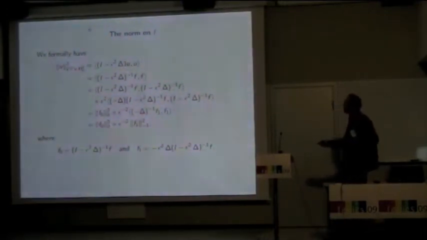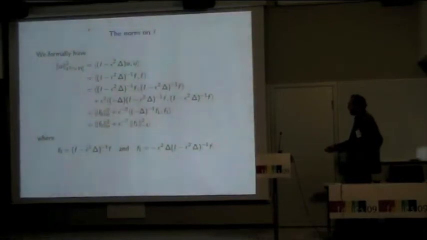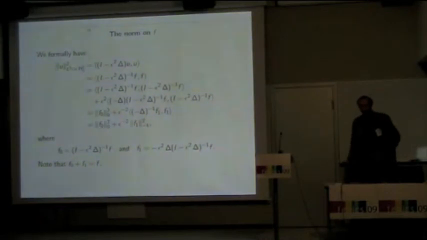Which is maybe not so trivial is that I can write this as a sum of an L2 norm of one function and an H minus 1 norm of another, generated in this way, where the two functions f0 and f1 are given here. And they have the property that the sum of them is the old f.